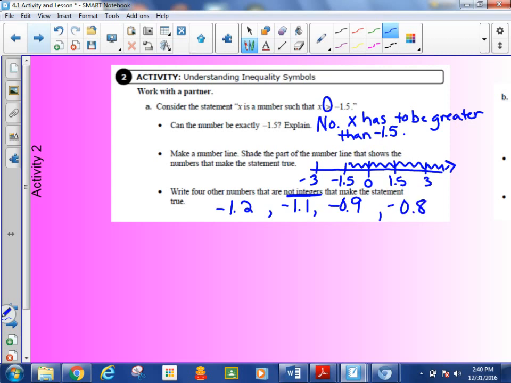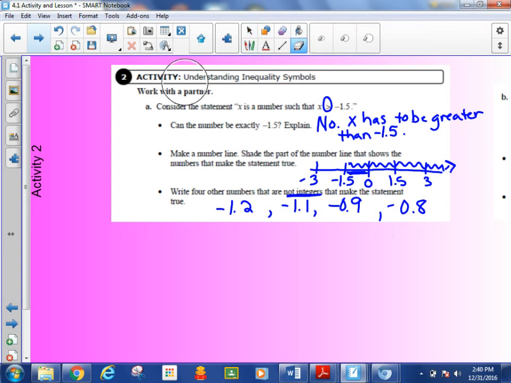Okay, those are all numbers that are not integers, and they're greater than negative 1.5. Because if I were to plot those, they would fall between that negative 1.5 and that 0 mark. Now, you could put positive numbers too. Those are just the ones that I chose to do.